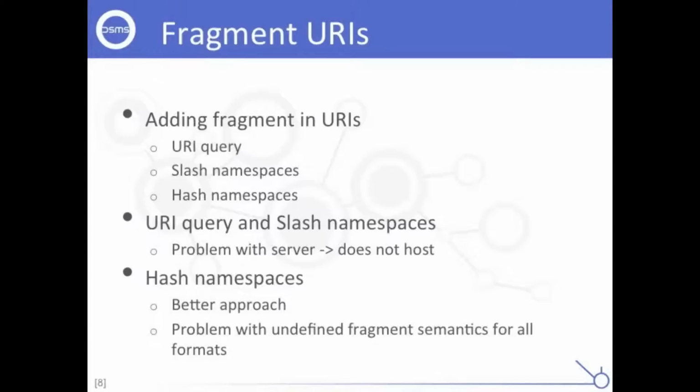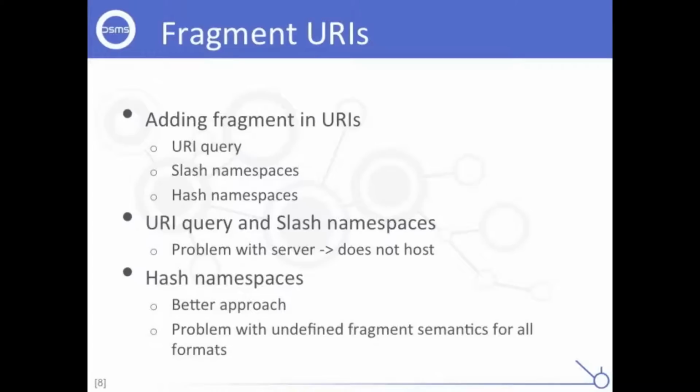First is URI queries and slash namespaces. Then we have hash namespaces. URI queries and slash namespaces have problems, which are that servers don't host the fragments. This can sometimes lead to errors like file not found or resource not found.